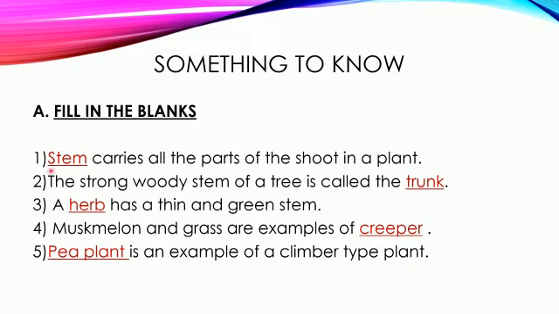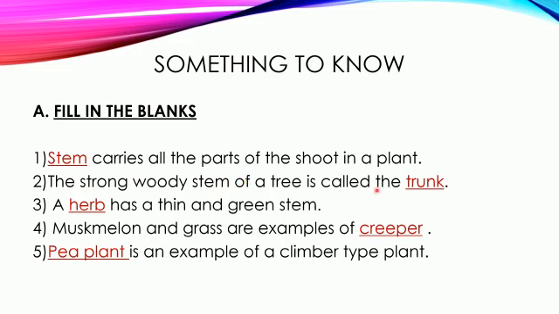Question number A is ___ carries all the parts of the shoot in a plant. So, which part of the plant carries all other parts? Answer is stem. Question number 2. The strong woody stem of a tree is called the ___.